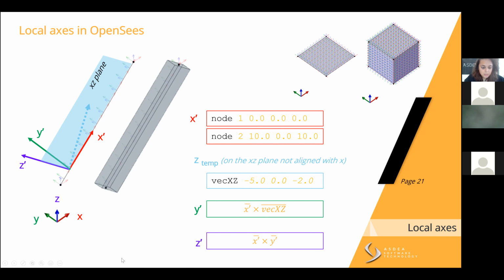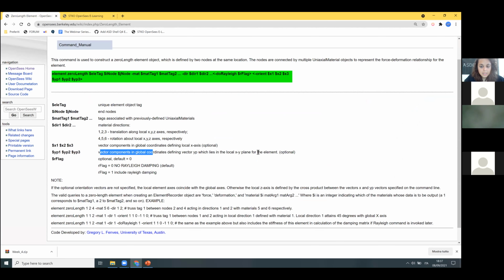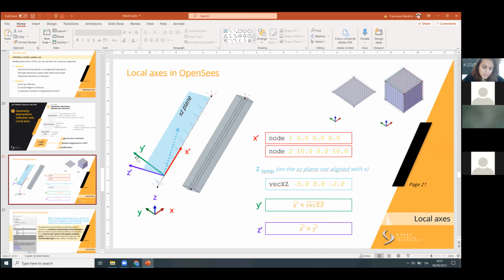Let's see if the documentation refers to something like that. Vector in global coordinates defining the XY plane. Exactly. This is the same, but for the XY plane. I don't know why I called this P. So I guess you have to hypothesize where your Y is going and put the coordinates of a vector that is placed in that plane.